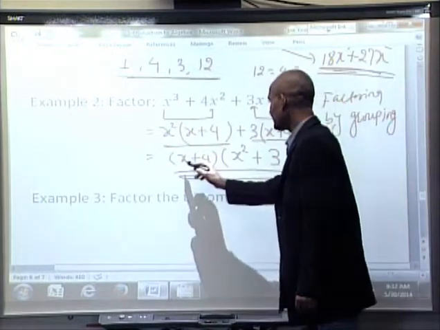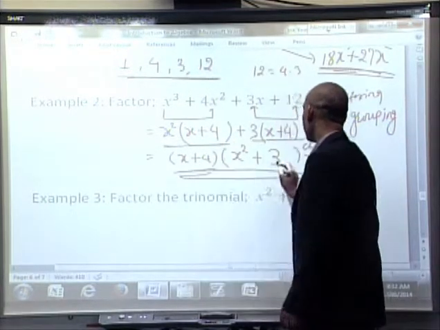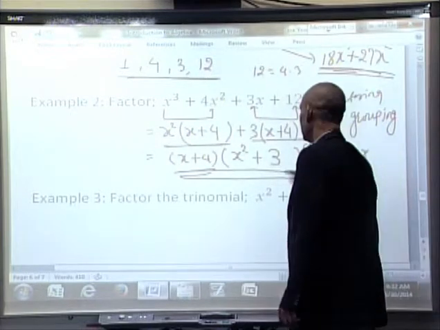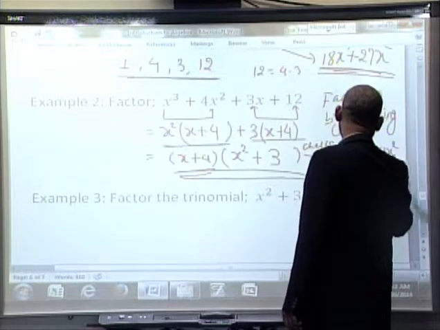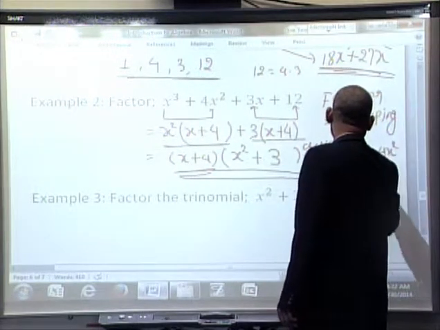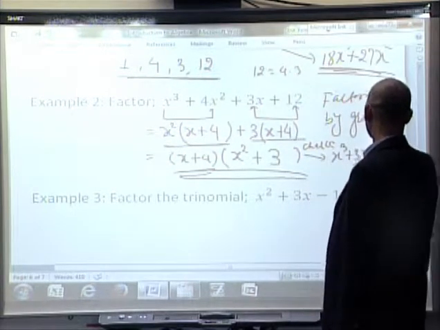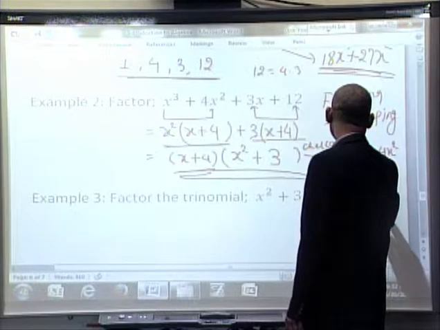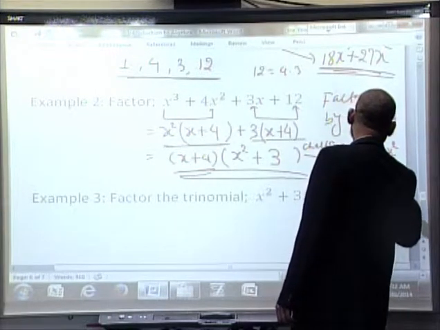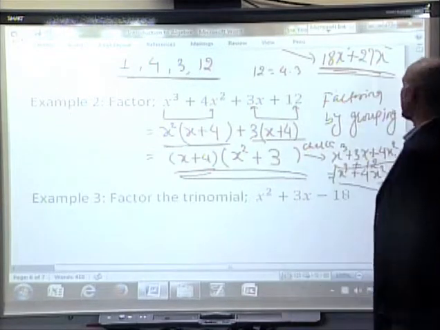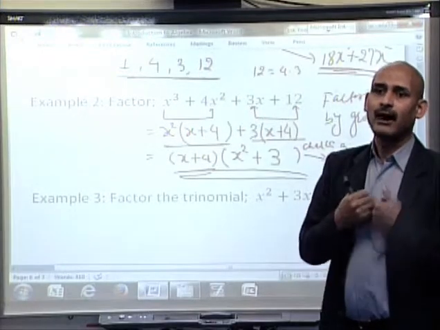So let me multiply. x multiplies with x squared to give me x cubed. x multiplies with 3 to give me 3x. 4 multiplies with x squared to give me 4x squared, and 4 multiplies with 3 to give me 12. So I will get x to the third plus 4x squared plus 3x plus 12, and this is exactly the question I was working with. So I am back to the question after multiplying. That means I did correct factoring.